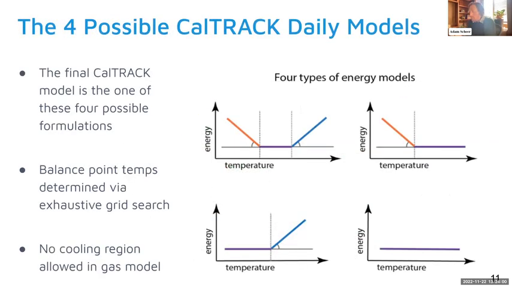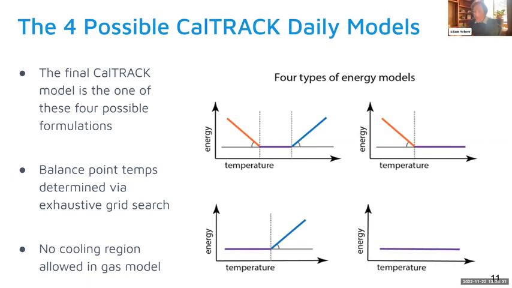Now, what I showed you was an example for gas. In reality, there are 4 distinct Caltrack models that can be fit to data, and we will fit each one and choose the best one for the particular circumstance on a meter by meter basis. These range anywhere from a completely temperature independent model all the way through to a model that has a heating balance point temperature, a cooling balance point temperature, and associated slopes.